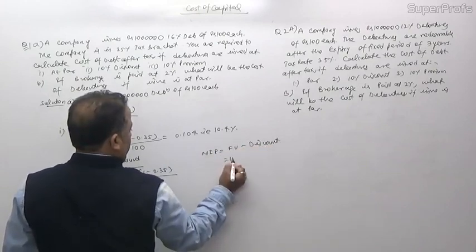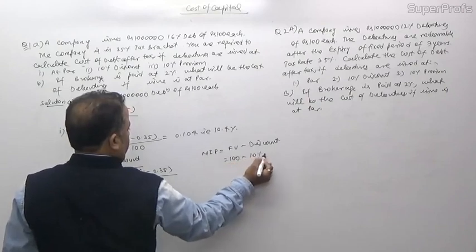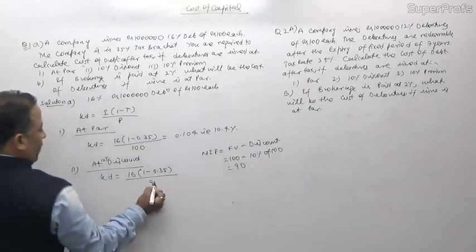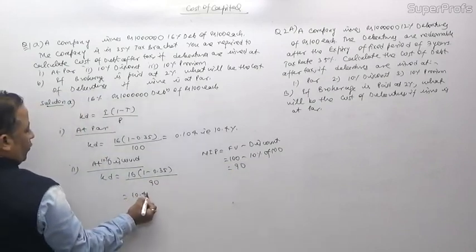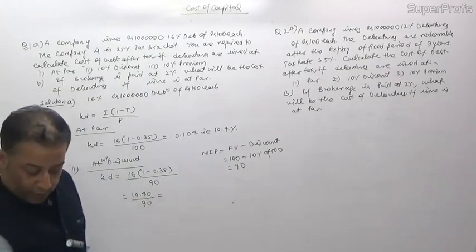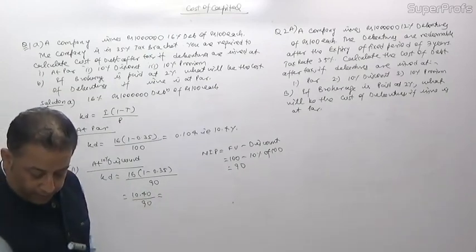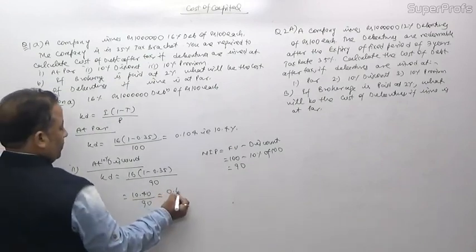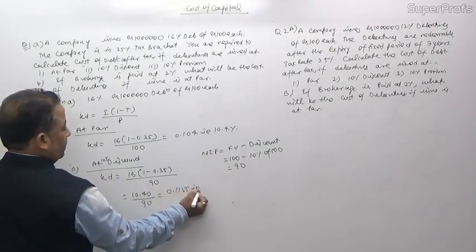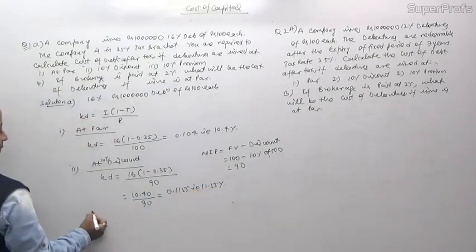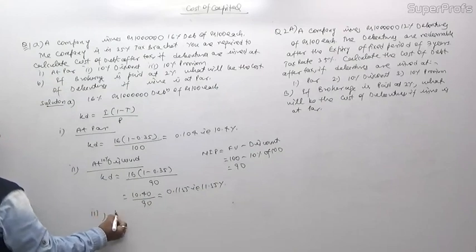The face value is 100, the discount is 10% of 100, so net issue proceeds are 90. So 10.40 divided by 90, that is 11.55%.